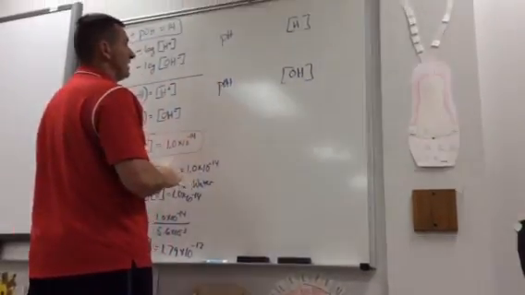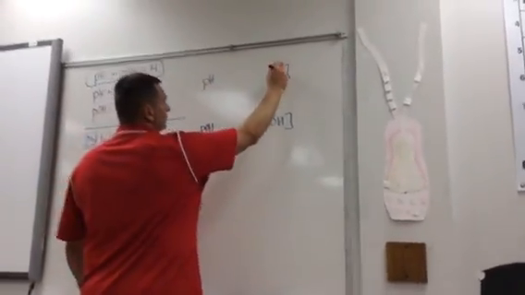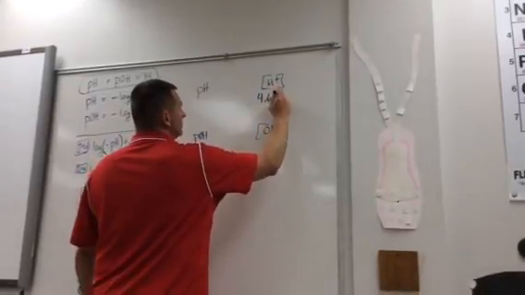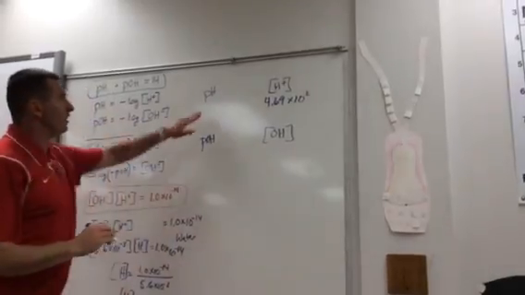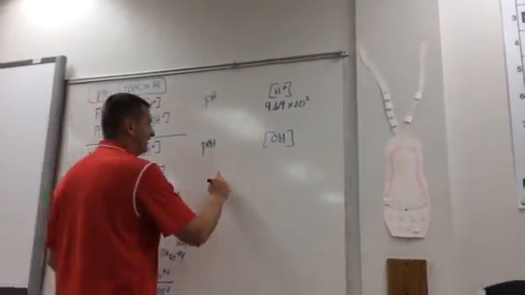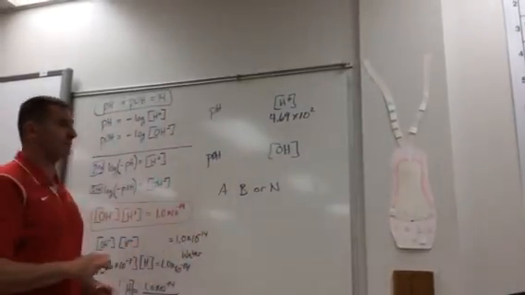I'm going to show you how to do that. If I'm given the hydrogen concentration, say it is 4.69 times 10 to the negative 2, how do I solve for pH, pOH, and OH? And is it an acid, a base, or neutral? Those are the four things I'm solving for.